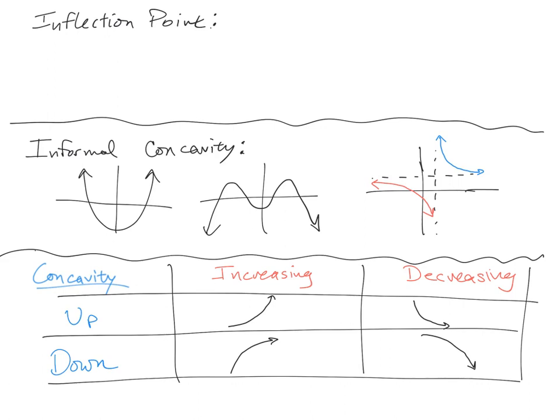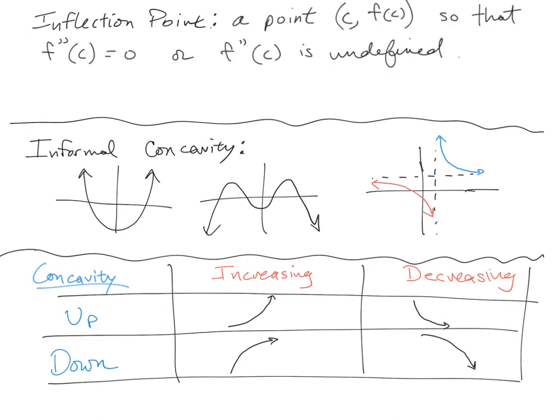So an inflection point is defined as a point c, f of c, so that either f double prime of c equals 0 or f double prime of c is undefined. Remember, we're in that 3.4 idea now, second derivatives.